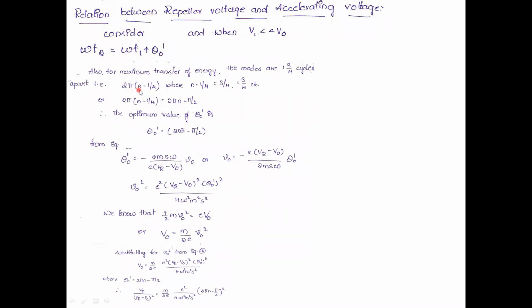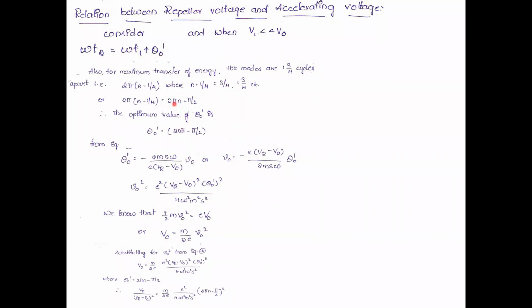This 2 pi into (n minus 1/4), I may also write as 2 pi n minus pi by 2. Everybody listen carefully. By using this value, 2 pi n minus pi by 2, I am able to choose the optimum value for the transit angle.